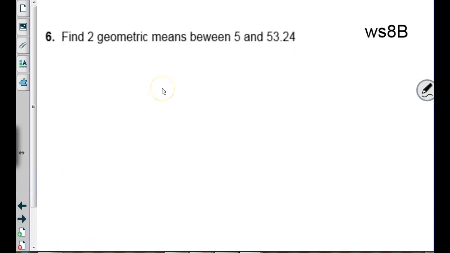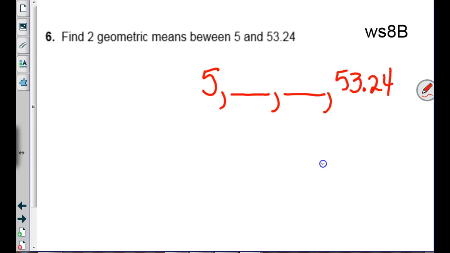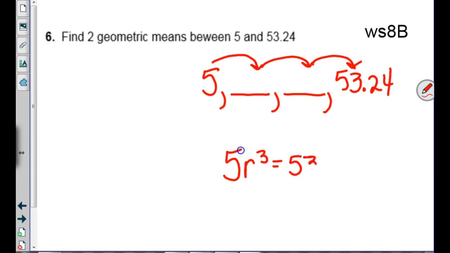This is number 6. Find 2 geometric means. This was kind of on the quiz. On the post-test, sorry. 2 missing terms. How many times are you multiplying? 1, 2, 3 R. So it's 5 times R cubed became 53.24. What do you have to do first? Divide by 5.